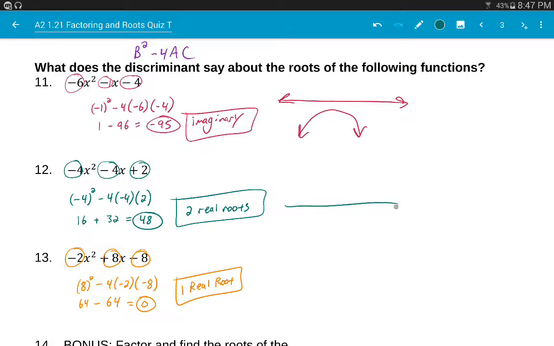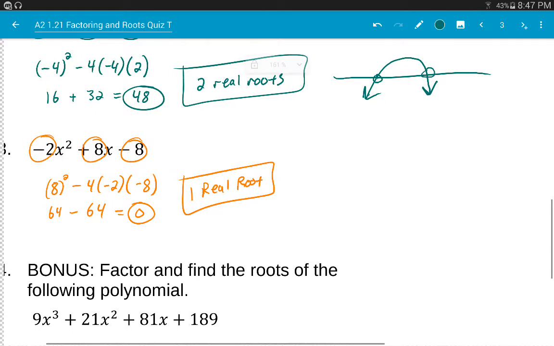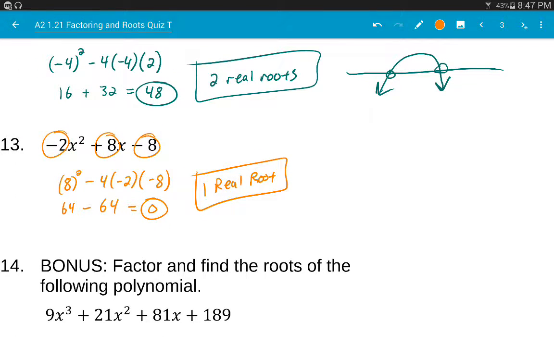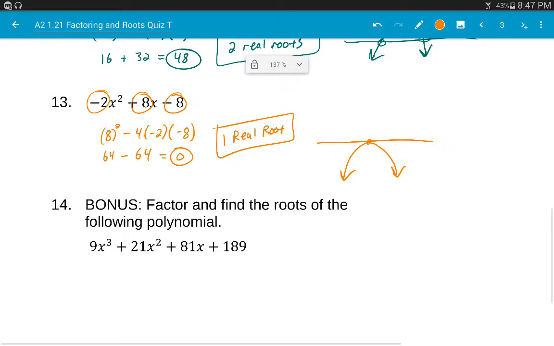Once again, this is a frown because it's got a negative coefficient on the biggest term. That means it's going to hit twice, and we're going to be able to see those hit points. And for the last one, the orange one, 1 real root means that it touches in one spot and turns right back around. So that's what that looks like.